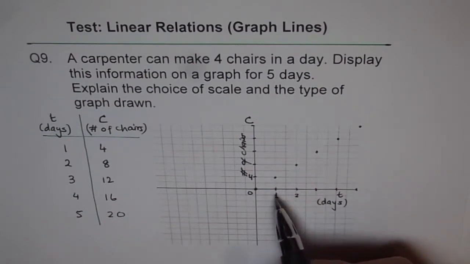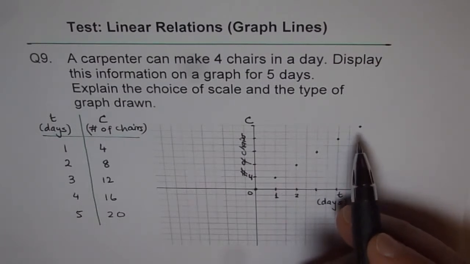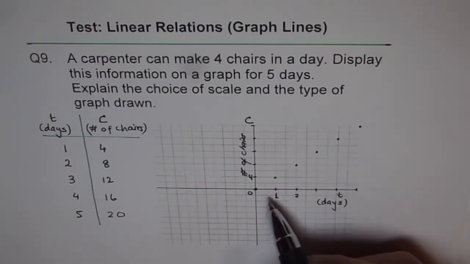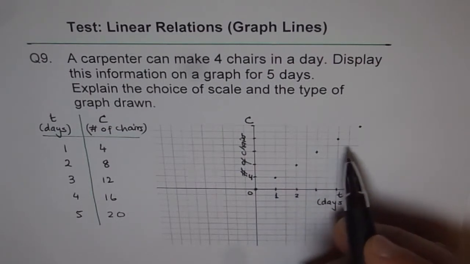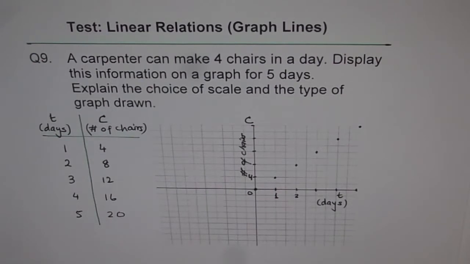We are talking about chairs at the end of the day, right? We don't know which minute how many chairs, correct? Second, chairs can be made as a whole. We don't have any meaning for half chair, 1.5 chair, and things like that. So this kind of information, if given to you, then you should plot with discrete points without connecting them. So that is one thing.